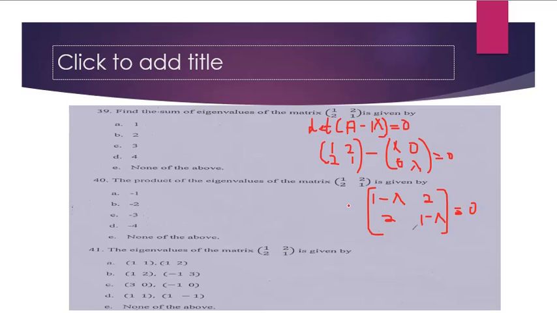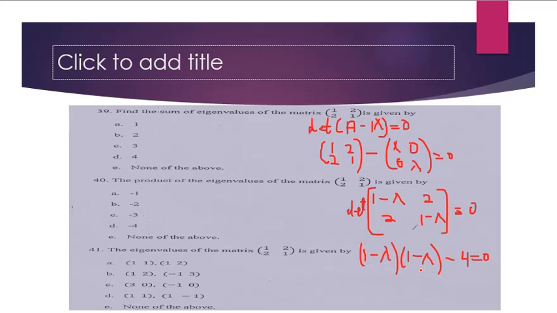So we have to take the determinant of this matrix. Once you want to take the determinant, you do the simple multiplication and then you subtract. So we have 1 minus the eigenvalue multiplied by 1 minus the eigenvalue, and you subtract from that 2 times 2, that's 4, and then you equate that to 0.